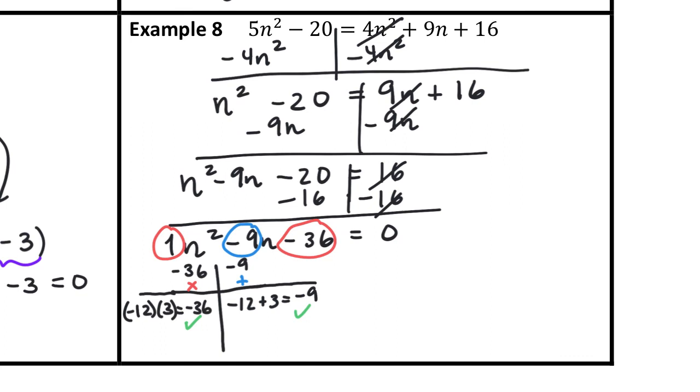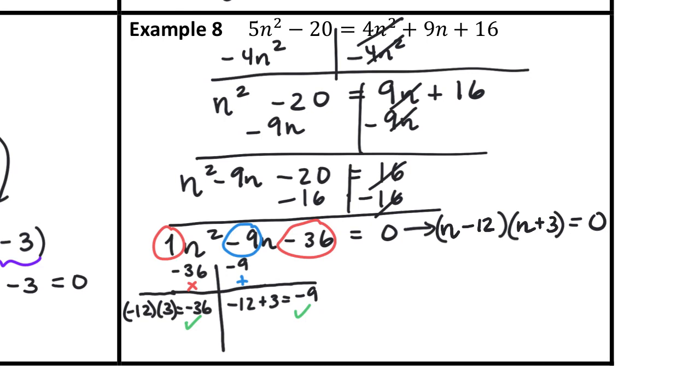So I'm going to rewrite this equation. I wanted to make an arrow there, but it didn't look like I wanted it to. So we're going to make the equation made up of two parentheses equals 0. The numbers that worked were negative 12 and 3. The variable is n, so I'm going to put n in both parentheses, and I'm going to put minus 12 and positive 3.